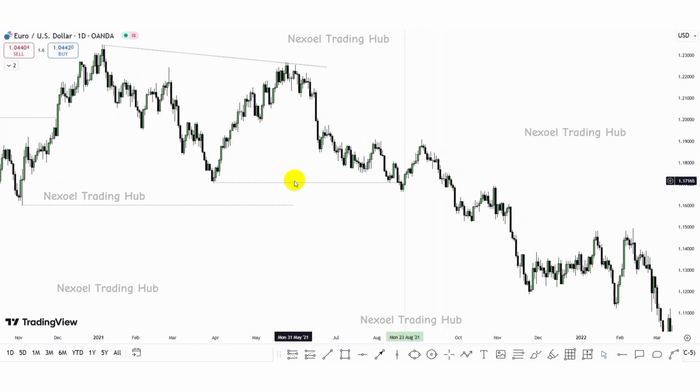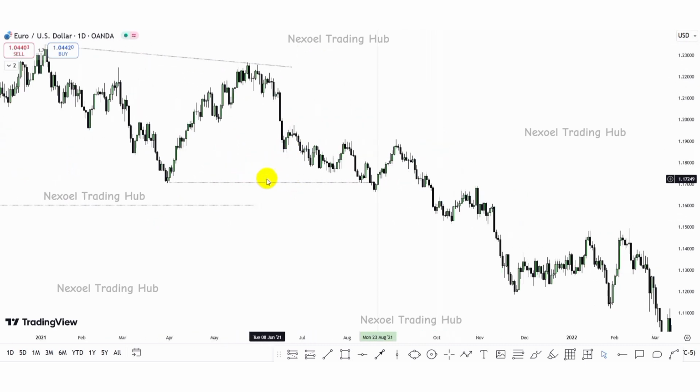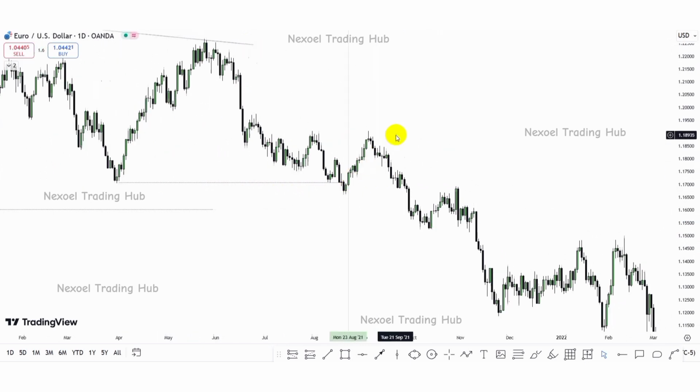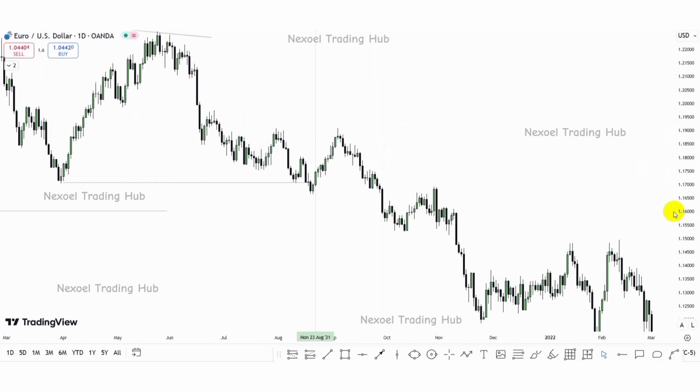So now we've established that you can see here we have a market structure shift. Since we've established our market structure shift, the fall of price to the downside took out this low. So what you're anticipating, how you're anticipating to take your entry, is you want to see the pullback of price take out an internal liquidity.